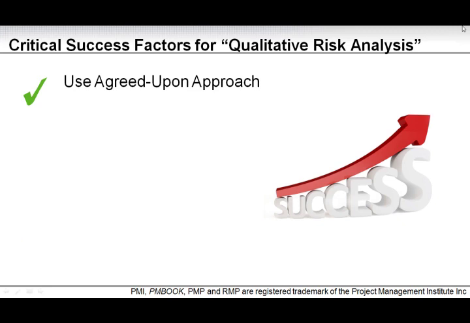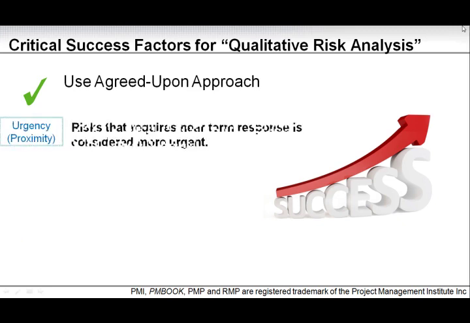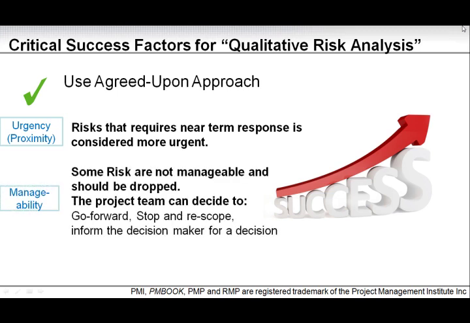So, use an agreed upon approach. Here we have a little bit different format. One is urgency proximity. Some risks require near-term response and are considered more urgent than others. So the approach should be that a risk that requires near-term response is by default considered more urgent on the prioritized list.